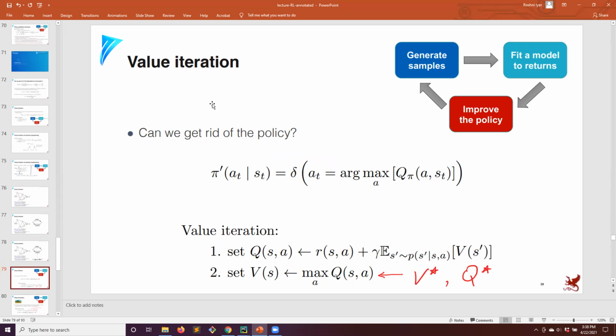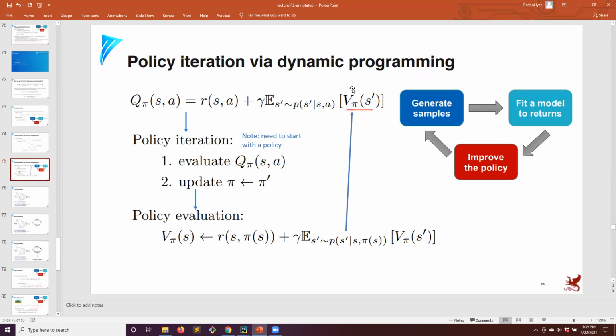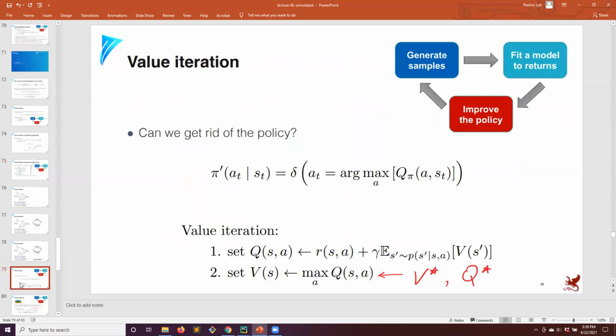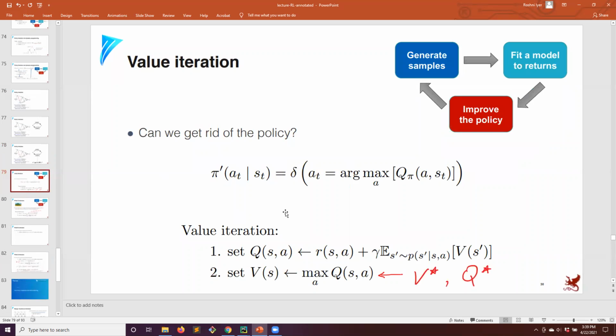Now, the idea in value iteration is, before, let's look at policy iteration first. We had this dependency from V to Q, then to the policy, and then back again from V to Q to the policy. Now, is there a way to remove that policy dependence and just go from V to Q?